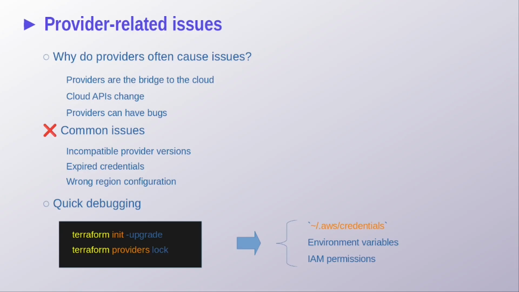Critical step: run init and the provider commands. Then check AWS credentials, environment variables, IAM permissions, and region settings. Most provider errors are configuration problems, not Terraform bugs.